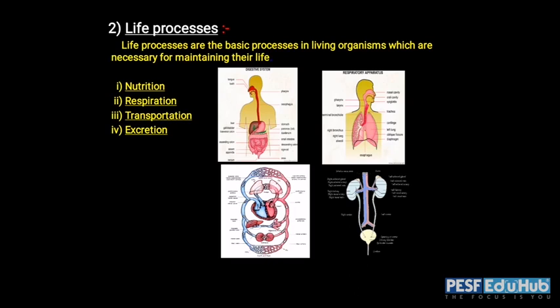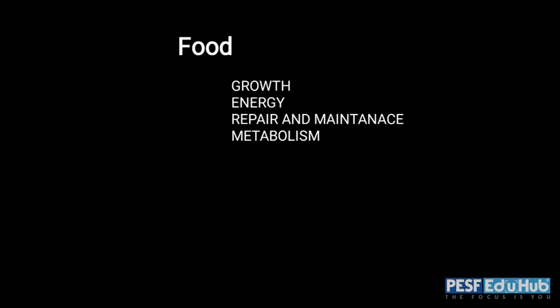Let us discuss what is nutrition. I hope all of us need food. Why do living organisms need food? Living organisms need food for proper growth, for getting energy, for repair and maintenance of the body, for proper metabolism.